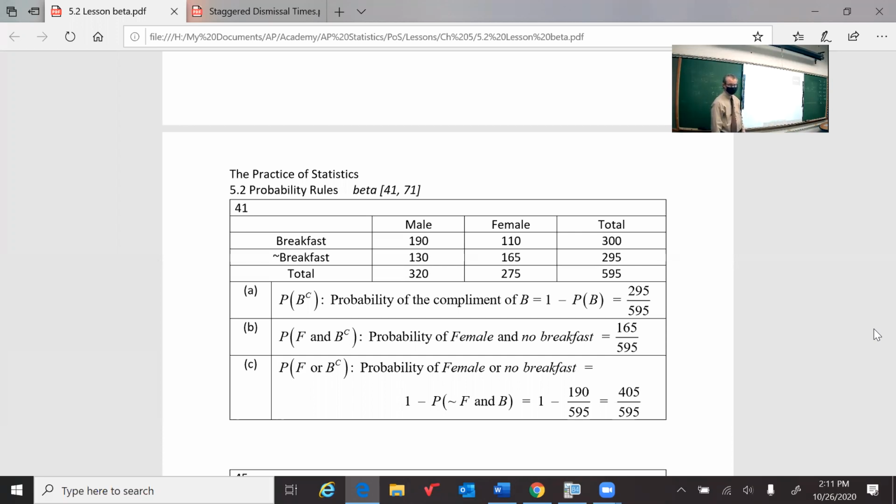Okay? So we're going to pause it again so you can go to the roulette wheel where you have to build a two-way table. So for the roulette wheel, the events B and E. B is black. So you've got black, not black. Well, not black are the red and green results.